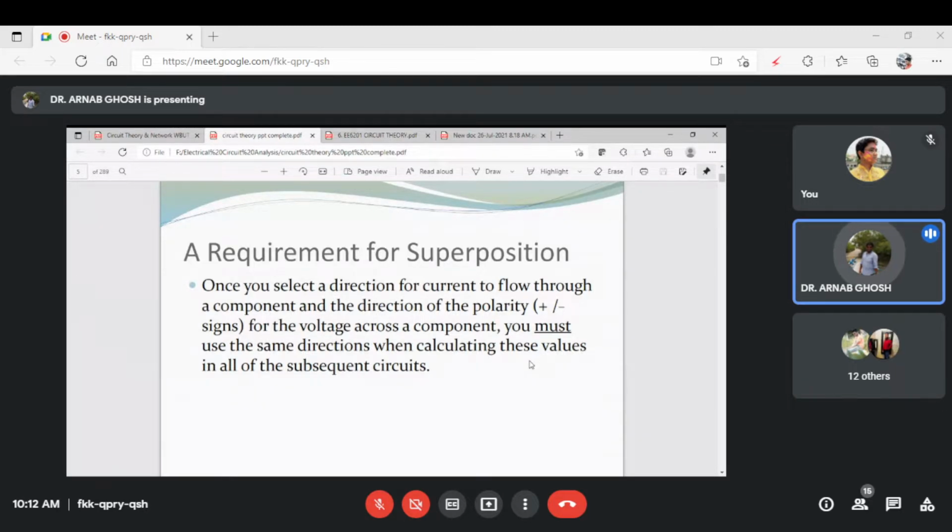You just need to keep in mind that the current and the voltage must be linearly related by Ohm's law, and the circuit must consist of only bilateral elements. Okay.